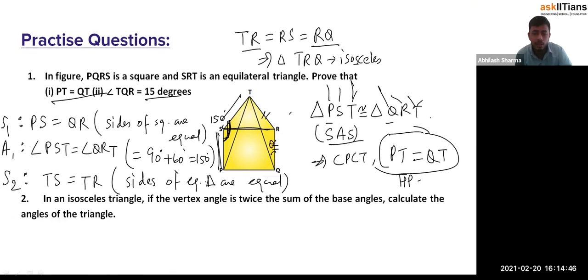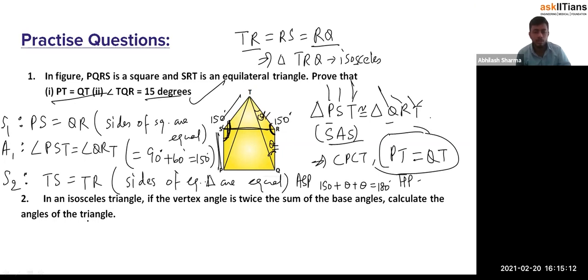If this is theta, this will also be theta. How much was this angle? 150 degrees, right? Apply the angle sum property. We get 150 degrees plus theta equals 180 degrees. Solving this, we get theta equal to 15 degrees, and TQR is obviously theta only, and hence we have found the value.